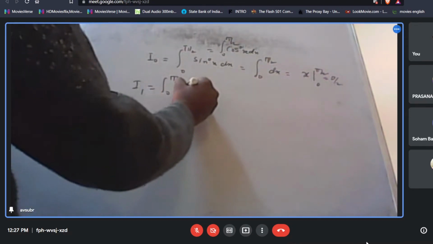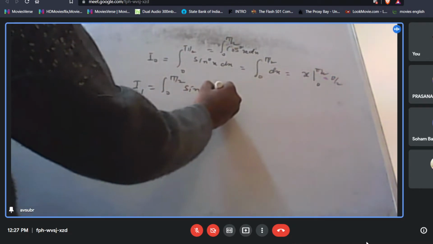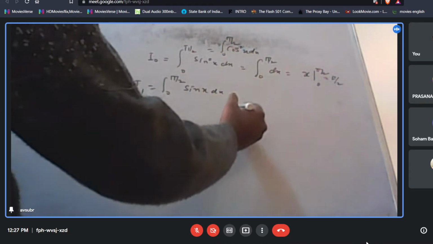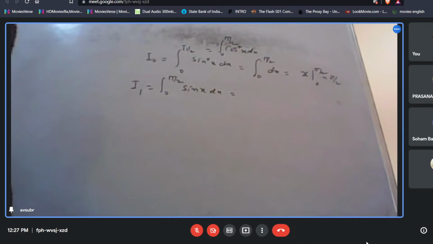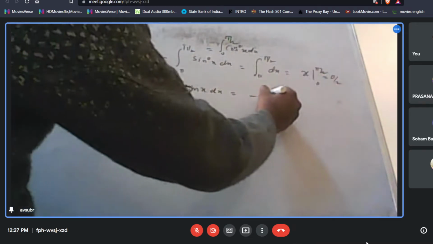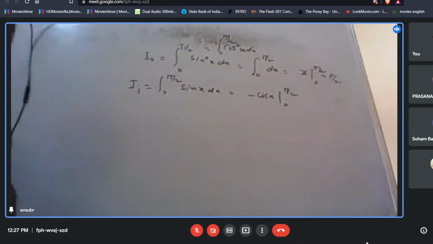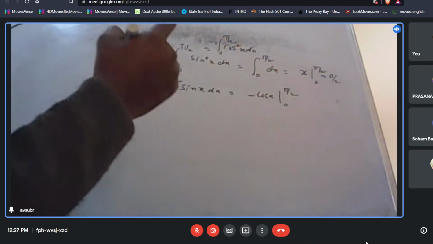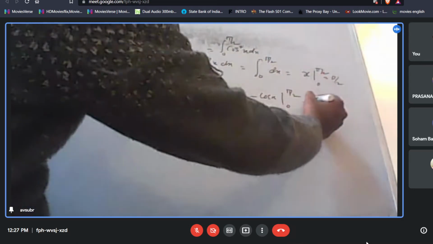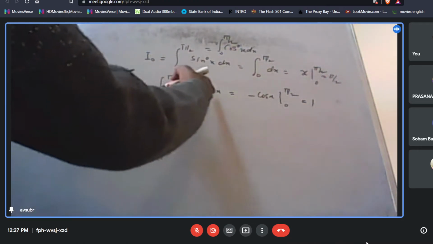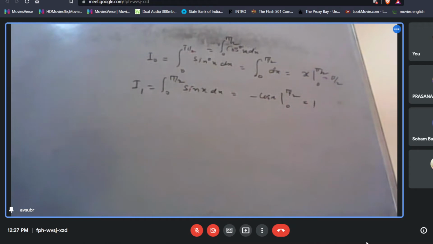Now sine to the power 1, so the integral of sine x dx is minus cos x. Cos pi by 2 is 0, minus 0, so that will be 1. Similarly, if it is cos x also, that also will be equal to 1.